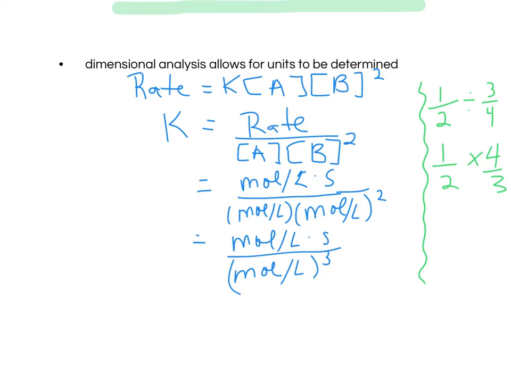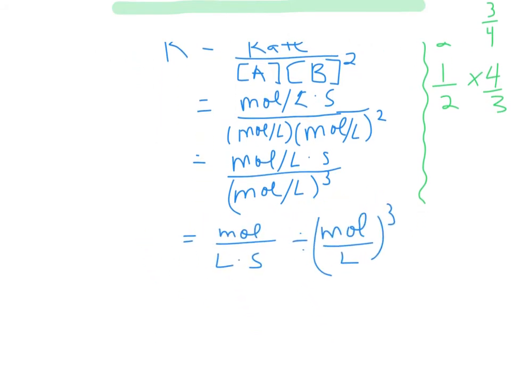So the first thing I'm going to do is rewrite this statement as a division statement. Moles per liter per second divided by moles per liter all cubed. There we go.